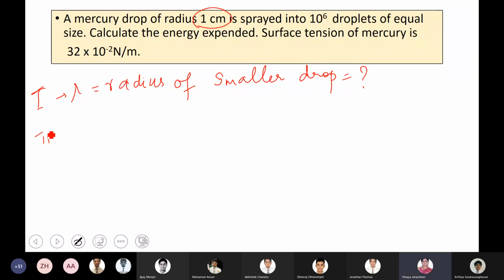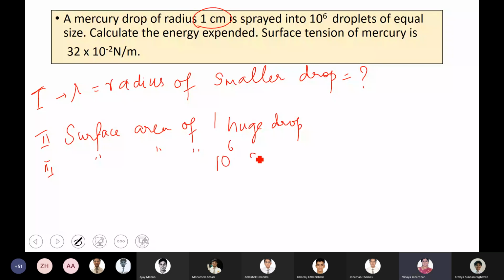Step 2 will be surface area of one huge drop. Third, surface area of 10 to the power of 6 droplets. Then the fourth step is increase in surface area.